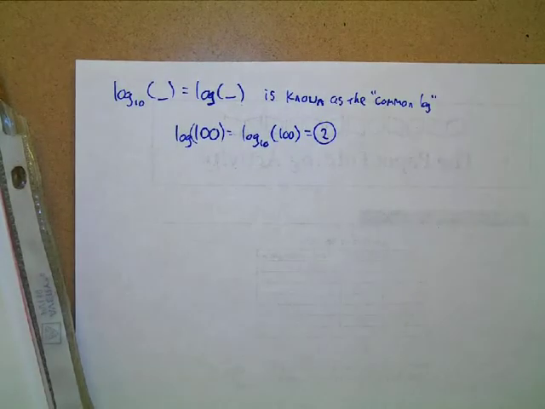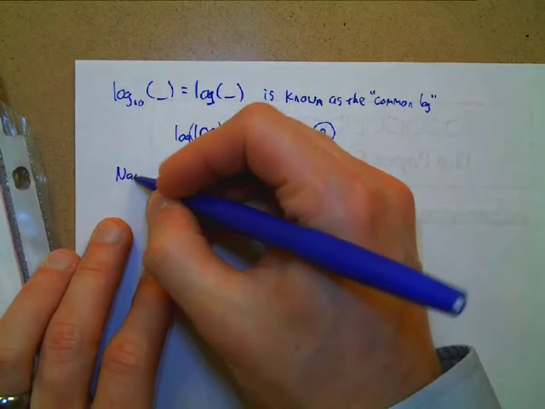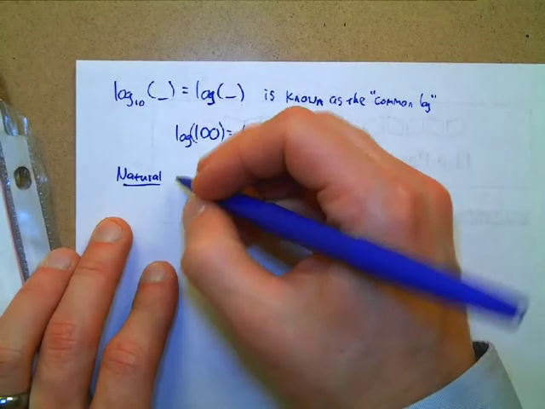If you see the log button on your calculator, if you type in log and then 100 and hit enter, you'll get 2. So if you happen to come across any of these on your homework with no base, then you can of course use the log button if you want to. And I'll show you how to do other bases another time, not right now. All right. The other named logarithm is the natural log.